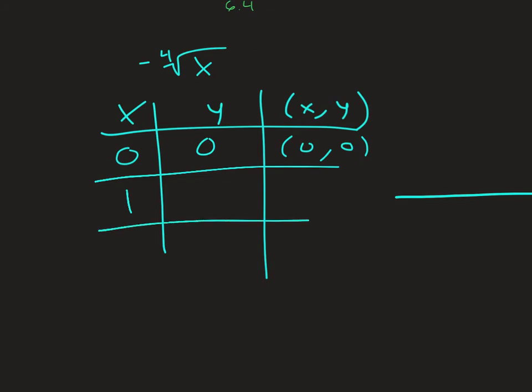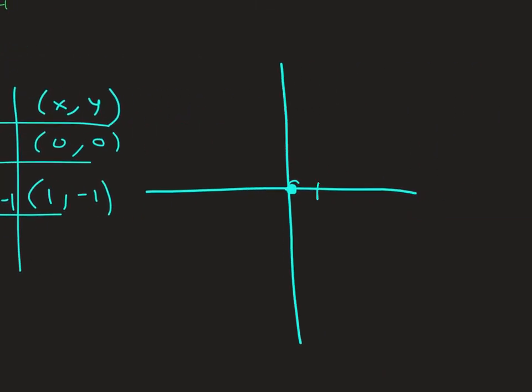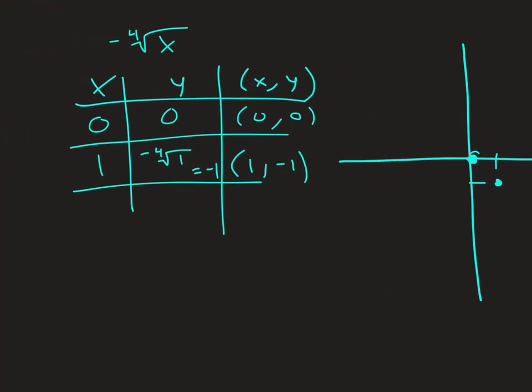Plug in 1. So when we plug in 1, we have the negative fourth root of 1. What's the fourth root of 1? 1. And then that negative makes it a negative 1. So when we plug in 1, we get negative 1. So we're going to go right 1 and down 1. What can we plug in next?